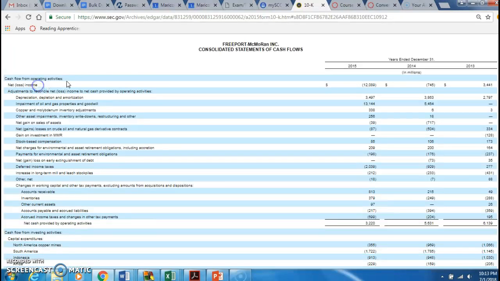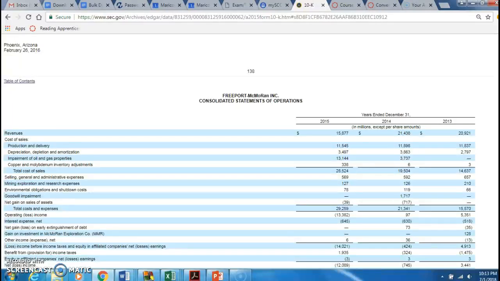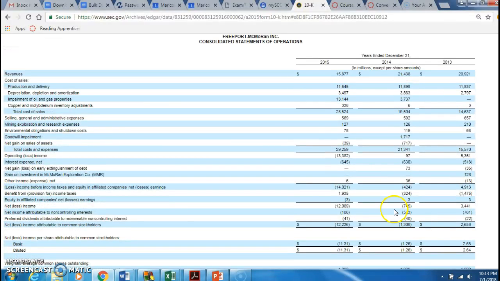So we can expect these amounts, the negative $12,089,000,000 for 2015, net loss of $745 million for 2014, and the net income of $3,441,000,000 to be on the income statement. So if we scroll up to the income statement, which they actually call the statement of operations, we will see these amounts that begin the statement of cash flow.